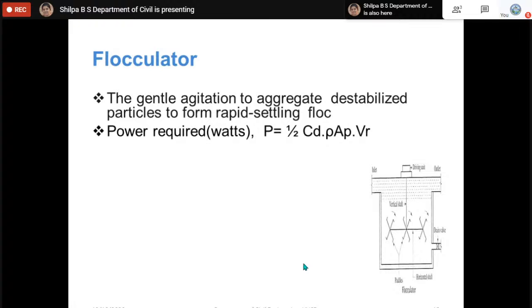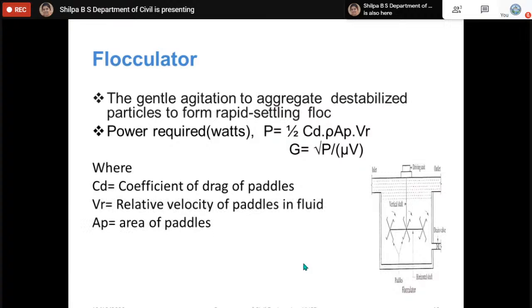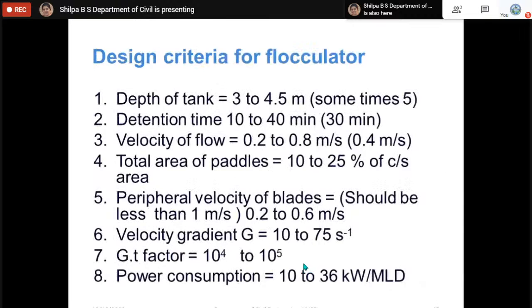For this, the power required is calculated using the relation P equals half CD rho into AP into VR cubed, and it can also be written as G equals square root of P by mu V, where CD is the coefficient of drag of the paddles, VR is the relative velocity of the paddles in fluid, AP is the area of the paddles, G is the mean velocity gradient, V is the flocculator volume, and mu represents the absolute viscosity. Based on this, we can calculate the power required for the flocculator.